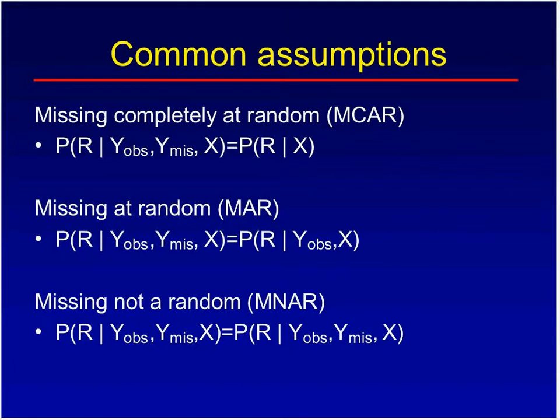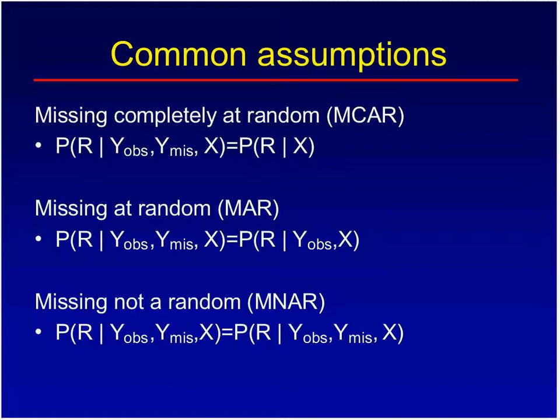We'll think about the probability of your data being missing, conditional on both missing and observed values. So it could depend on both missing and observed data. So it's conditional on Y and conditional on X.